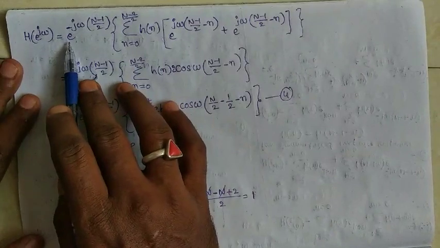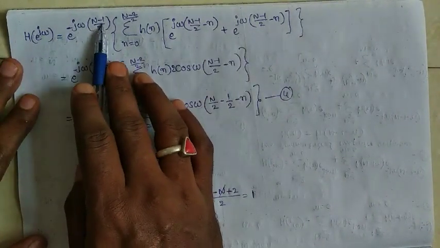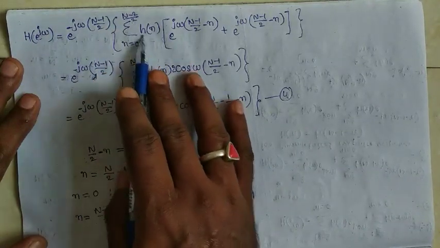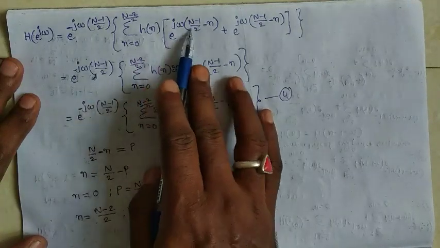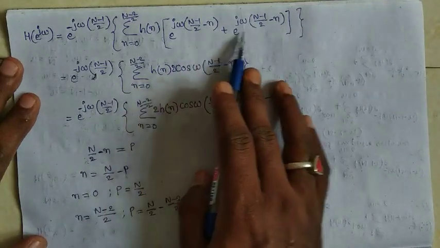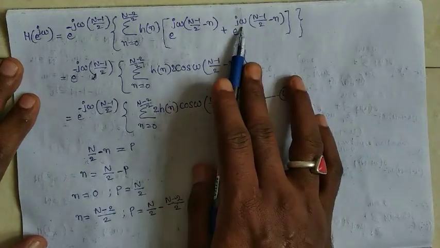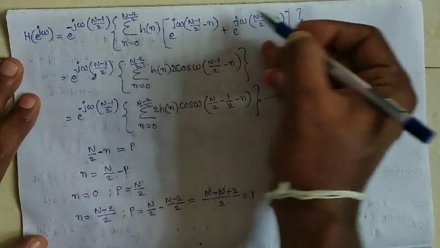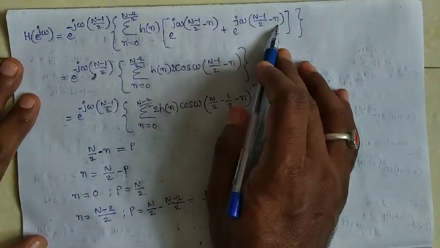Here h of e power j omega is equal to e power minus j omega of capital N minus 1 by 2 summation n is equal to 0 to capital N minus 2 by 2 h of n. Here the remaining term in the first term is e power j omega of capital N minus 1 by 2 minus n, plus the remaining term in the second term is e power minus j omega of capital N minus 1 by 2 minus n.